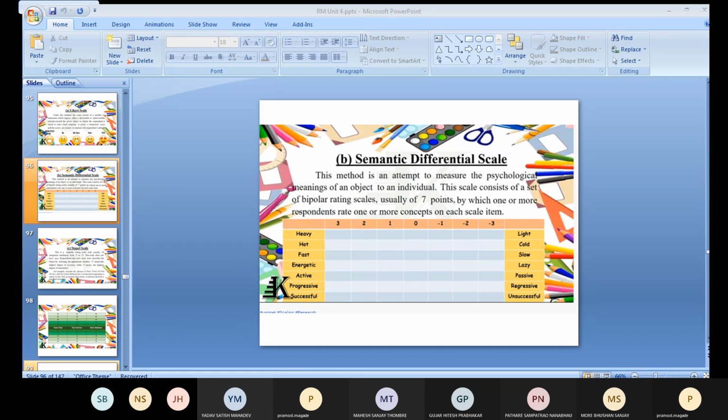Zero indicates null: not heavy, not light, or not successful, not unsuccessful. That's zero.